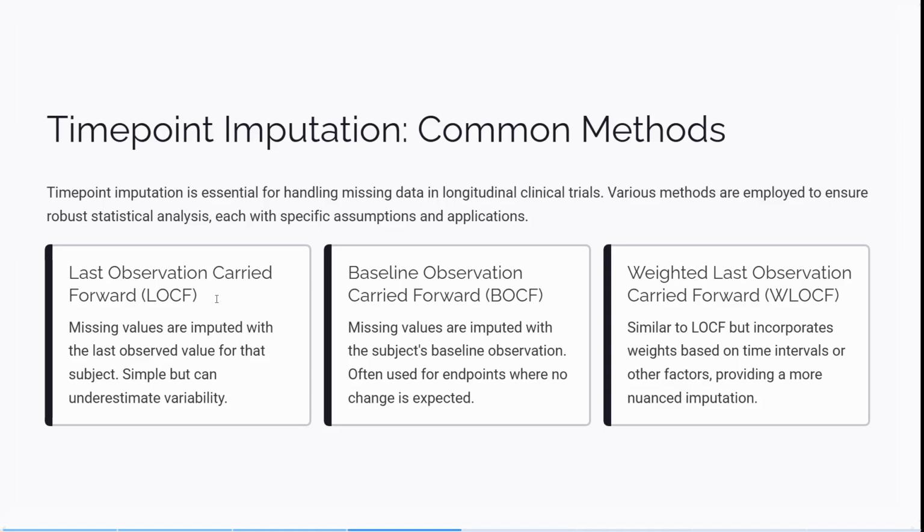Then baseline observation carried forward: missing values are imputed with the subject's baseline observation, often used for endpoints where no change is expected. And weighted last observation carried forward: similar to LOCF, but incorporates weights based on time intervals or other factors, providing a more nuanced imputation. These are the three methods we can use for time point imputations.